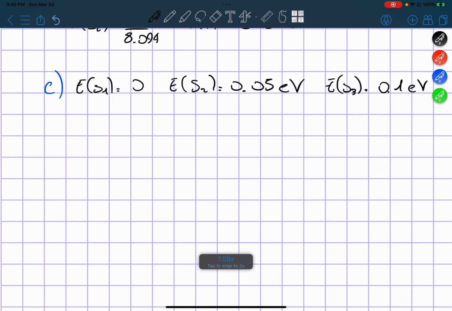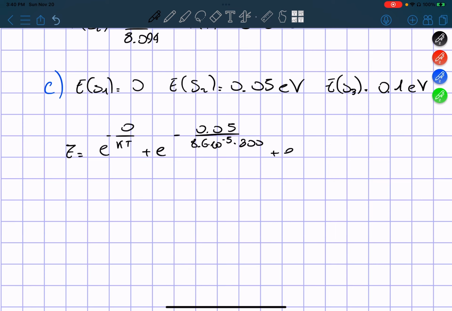Let's test it out. So we're going to have Z equal to e to the power of 0 divided by kT. I'm not going to solve this, I'm going to write all this up: plus e to the power of negative 0.05 divided by 8.6 times 10 to the power of negative 5 times 300, plus e to the power of negative 0.1 divided by 8.6 times 10 to the power of negative 5 times 300.